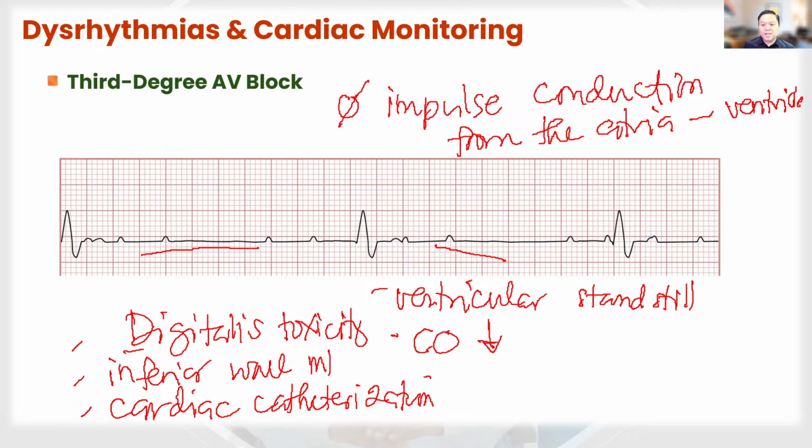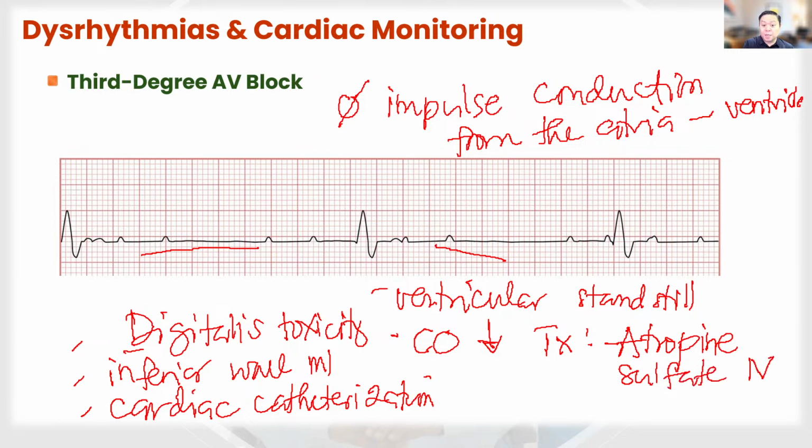Now, what are we going to do here to treat this patient? We're going to have to monitor our patient's heart rhythm continuously. We're going to have to check for any worsening, and we are going to administer atropine sulfate IV.